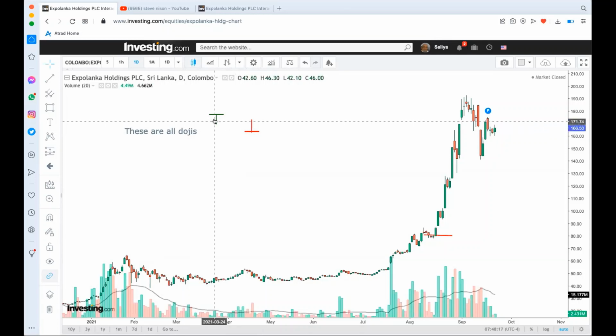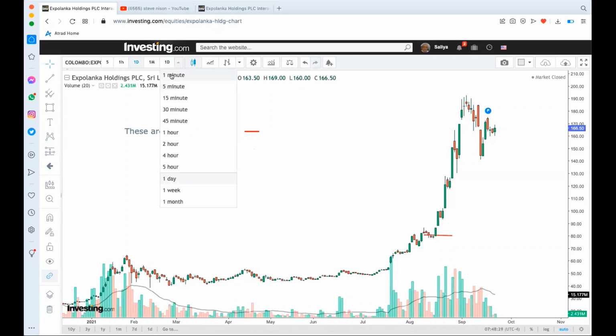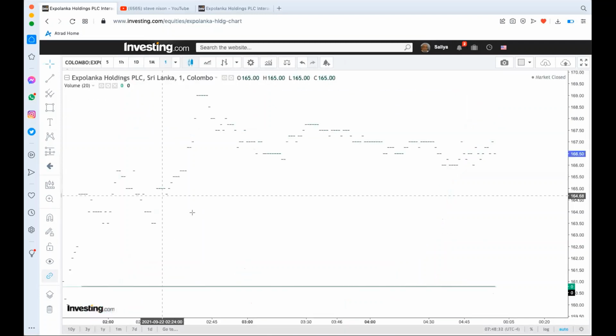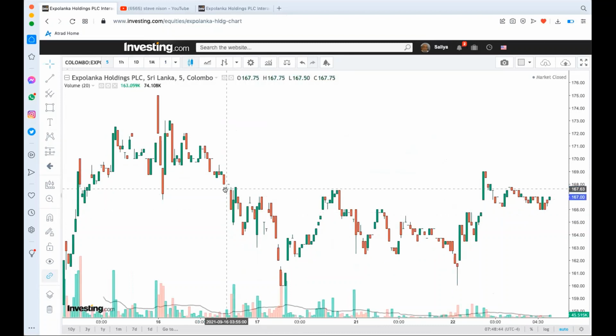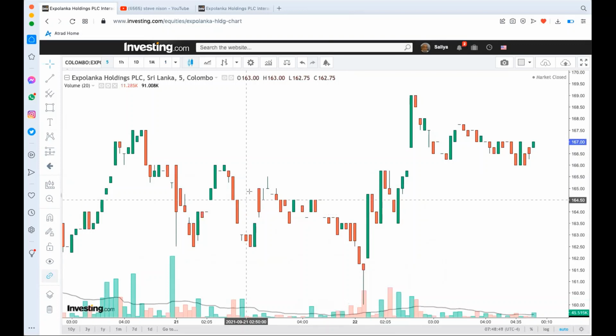And also you might see a doji like this, right? And this is something that we find in markets like the 1 minute chart, you will see something like that. 5 minute chart, sometimes you might see many dojis. You can see here. Dojis like this.